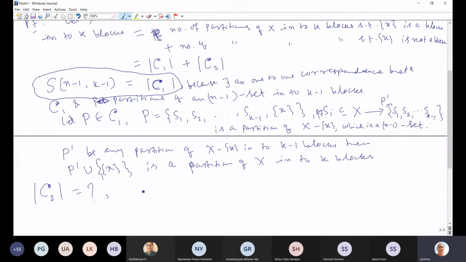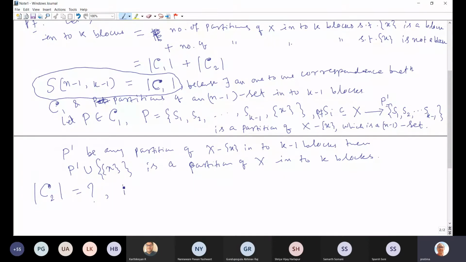C2 is the collection of partitions of an n-set X into k blocks in which the singleton set {x} is not a block.